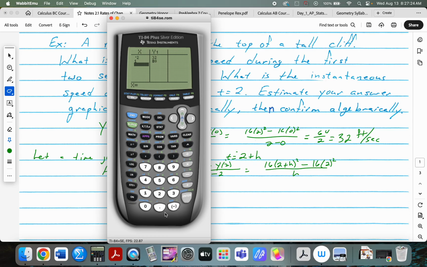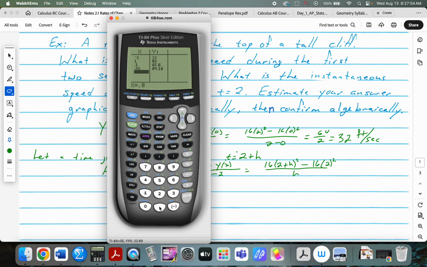Okay, so yeah, what if I called this 0.1 and did just from 2 to 2.1? Well, that's 65.6. So that's a much smaller time interval, right? Well, what if I did 0.01? I made it even smaller. No, 64.16.